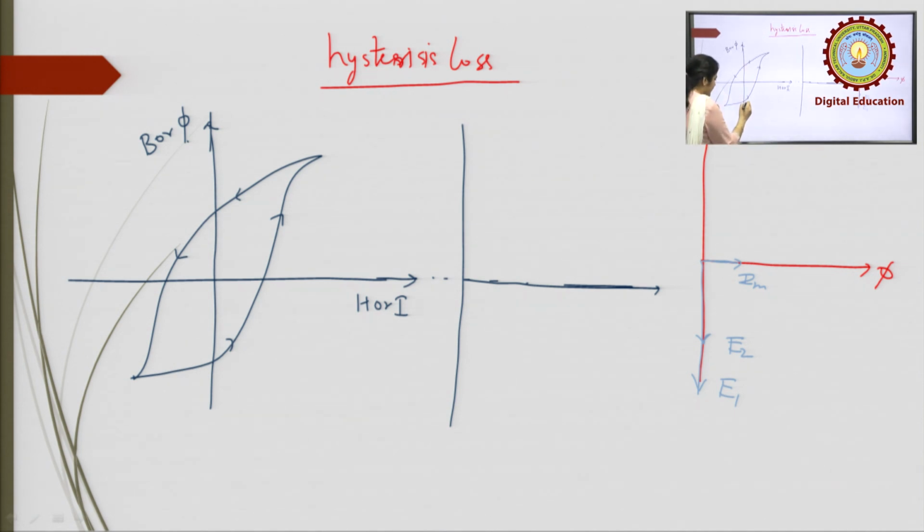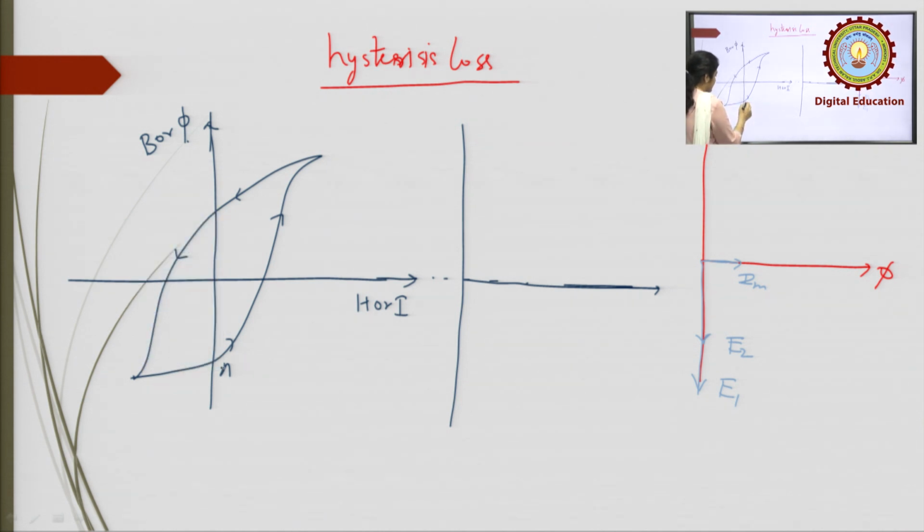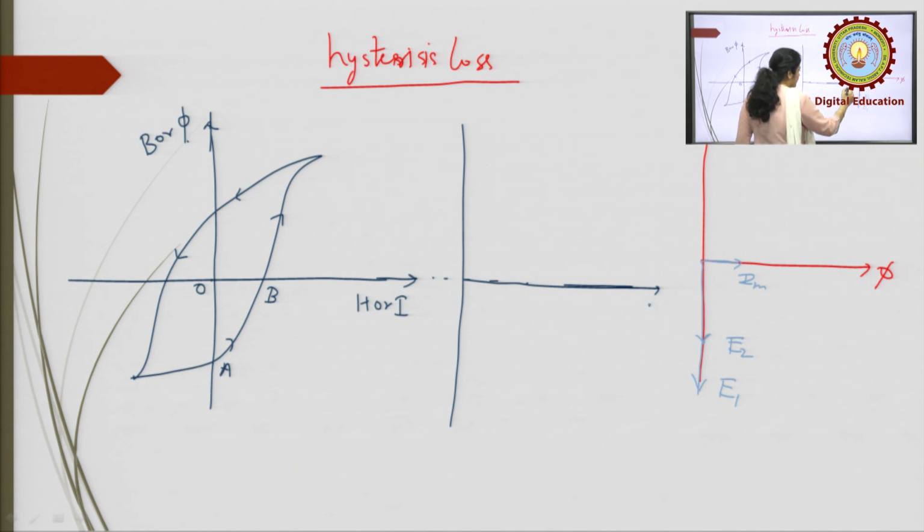Suppose this point is A, and this is O, this is B, and you have to draw this with respect to time.